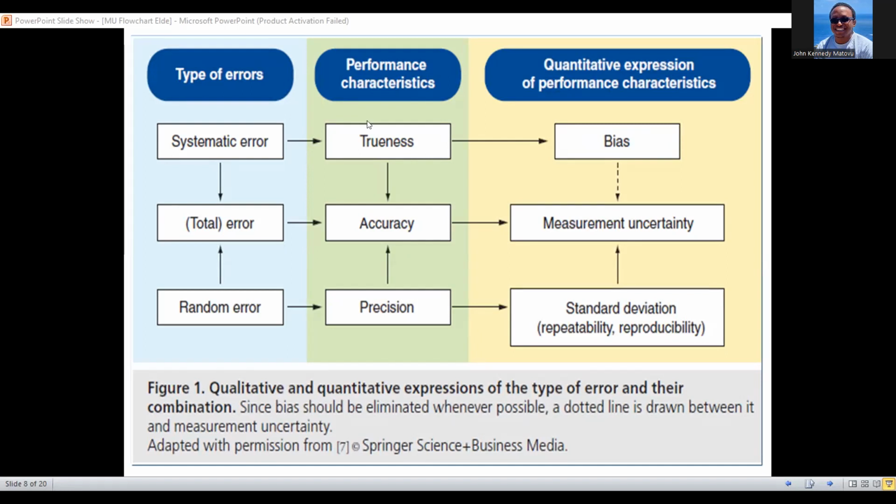Okay. Let me make sure that I achieve this properly. Total error, there was a question, what's the difference between total error and measurement uncertainty? And in some instances, you've seen a document in this workshop wherein accuracy is equated with trueness, right? Here's a simple explanation.